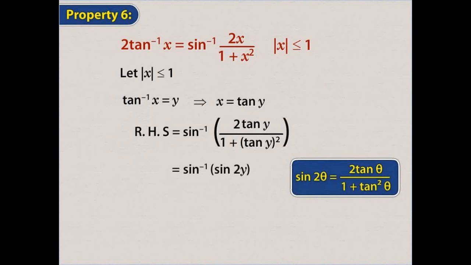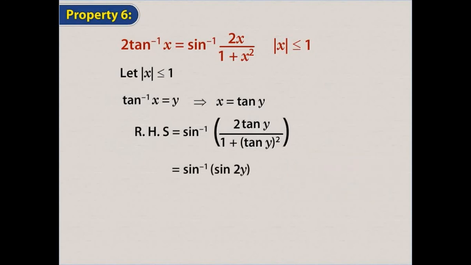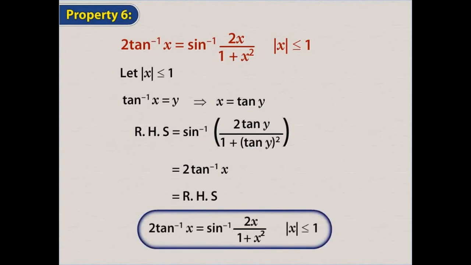This is equivalent to sine inverse of sine 2y. Now sine inverse of sine 2y equals 2y, which in turn equals 2 tan inverse x. Hence, we have proved 2 tan inverse x equals sine inverse of 2x in the numerator and 1 plus x square in the denominator with the condition mod x is less or equal to 1.